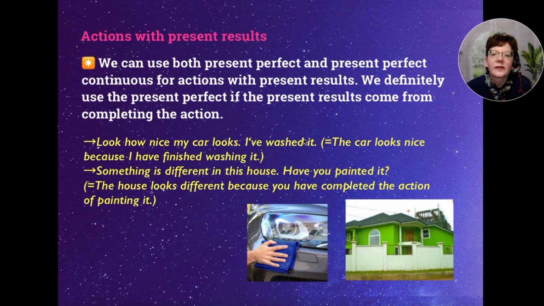I've washed it. So we can see that the car looks nice because I've finished washing it. So this is finished here, obviously. All right. And then, something is different in this house. Have you painted it? So the house looks different because you completed the action of painting it.